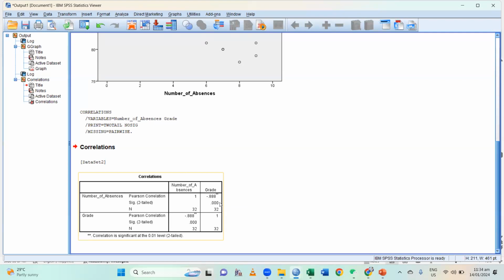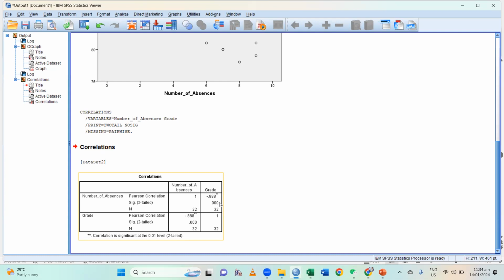Significant or not? Significant, sir. How come significant? Because the Sig. 2-tailed is less than 0.05.